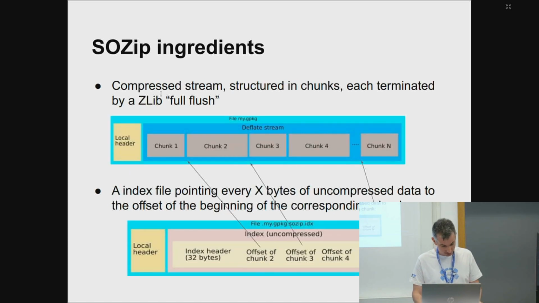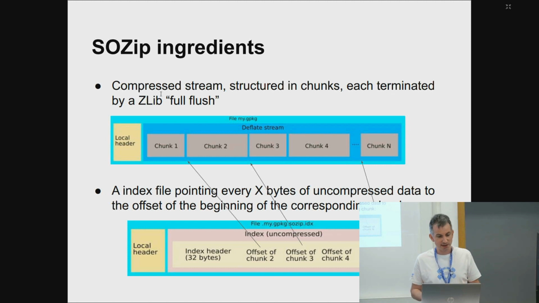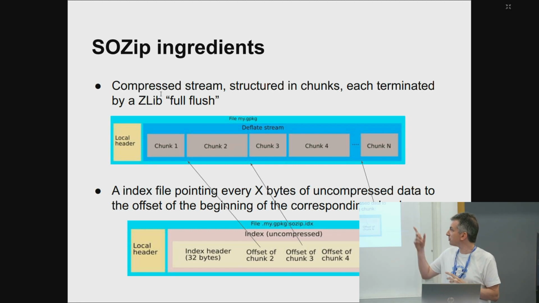So we have now pretty much all the ingredients we need to build SOZip. So inside a zip archive, we say that a file is SOZip optimized if actually there are two files. The file with the payload you're interested in, which is the first one, where you have the deflate stream that is split in several chunks.